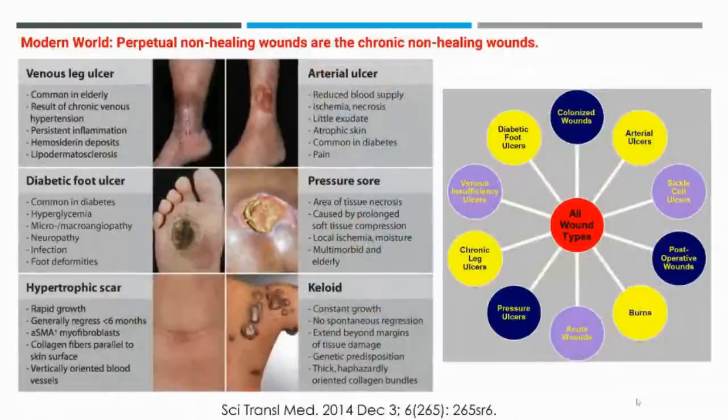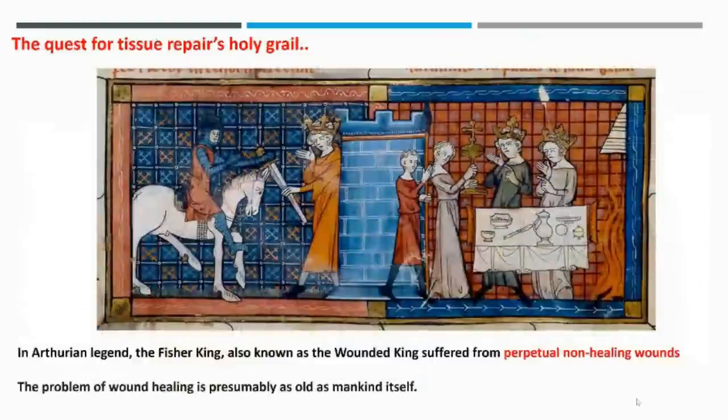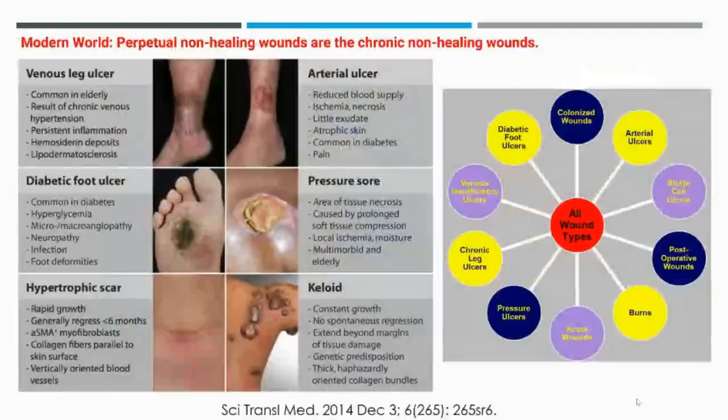So the perpetual non-healing wound I described with the Fisher King here is the one that is in the modern world. If you move the time scale further to the 20th and 21st century, the chronic non-healing wounds are the ones that we are discussing here, the ones that are perpetually not healing. So it's not going to heal whatever interventions you are trying to practice here.